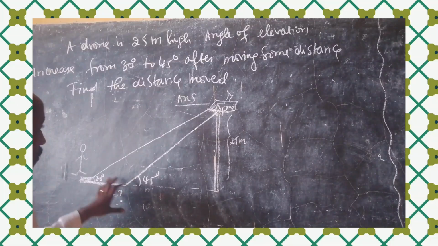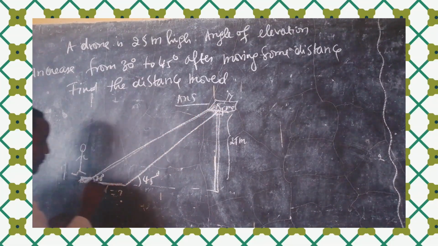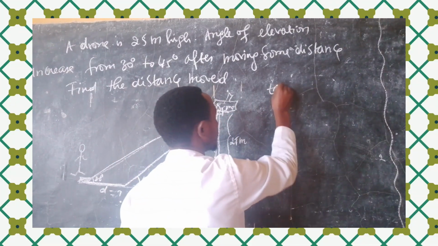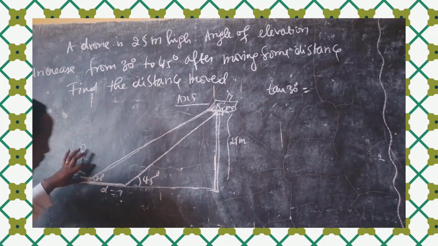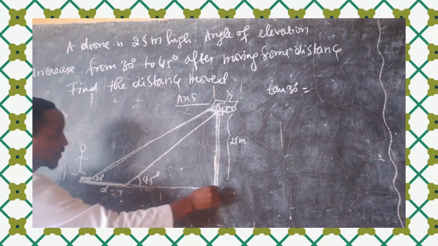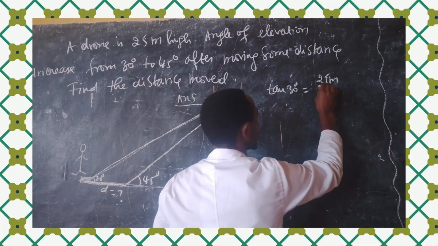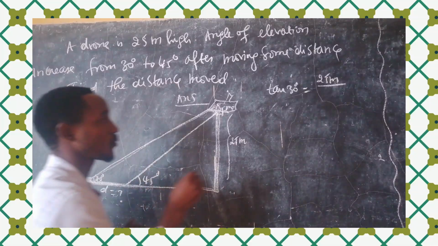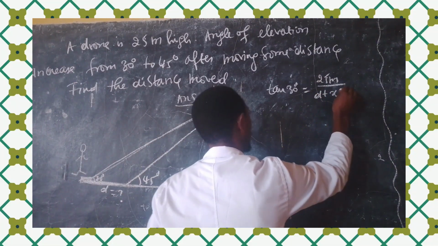When you consider this triangle, you see that tan of 30 degrees is equal to the opposite side, which is 25 meters, divided by the adjacent side, which is d plus, for example, x.